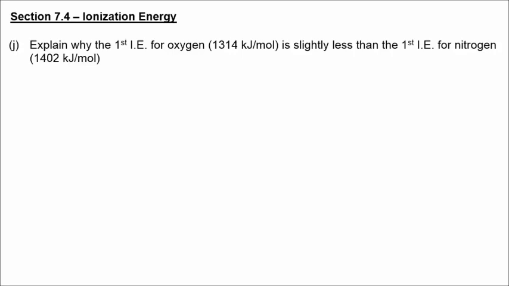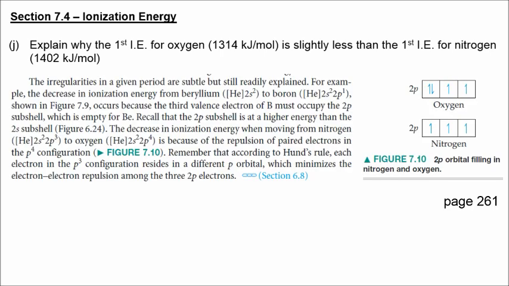We also have to explain a slight decrease in the ionization energy for oxygen compared to nitrogen. And again, oxygen has one more proton than nitrogen, and yet 1314 is a little bit less than 1402. Well, if you look on page 261, they say that the decrease in ionization energy when moving from nitrogen to oxygen is because of the repulsion of paired electrons in the p4 configuration.